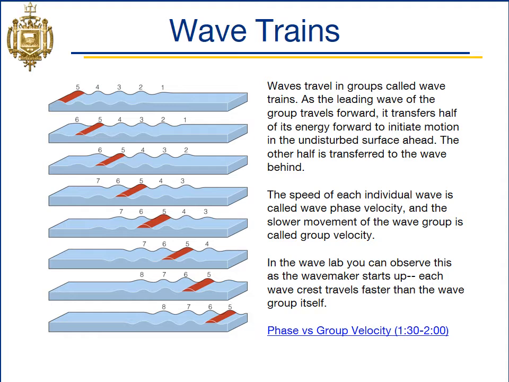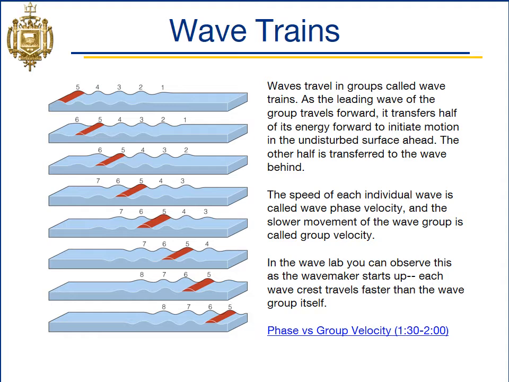So the individual wave speed that we've already talked about, celerity, is the speed at which an individual wave crest travels, but the group travels at a different speed called the group speed.